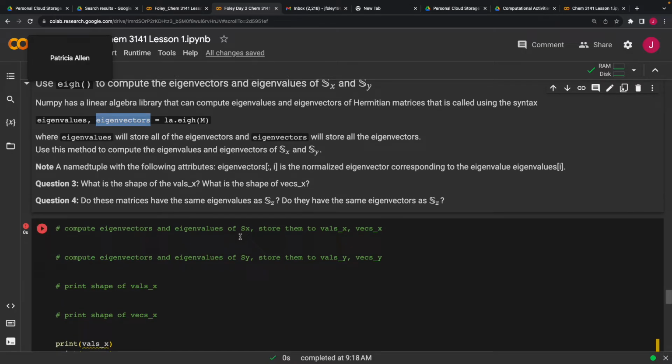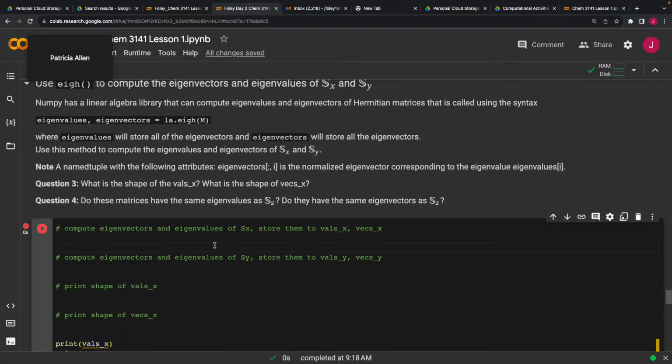We'll call it on the matrix Sx, and we'll call it on the matrix Sy, and then we're going to print the eigenvalues and the eigenvectors, and also the shapes of those eigenvectors and eigenvalues. So this is the syntax.